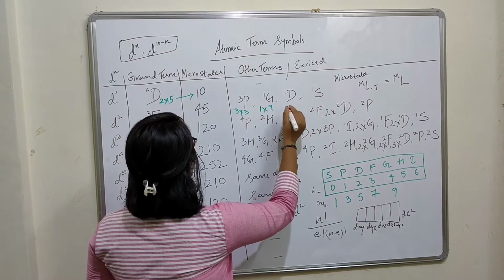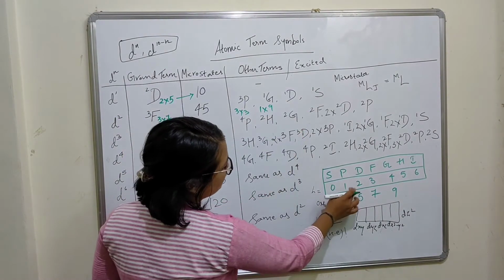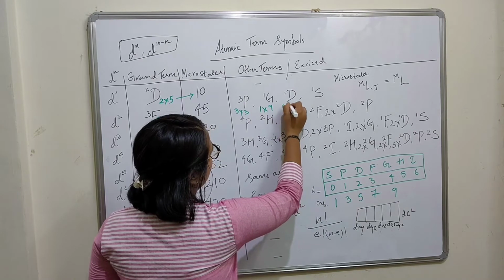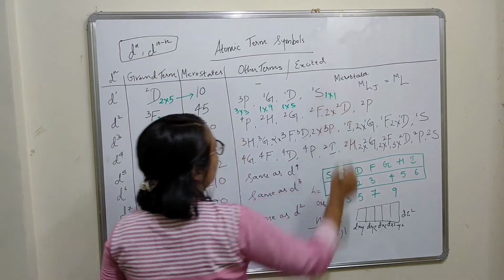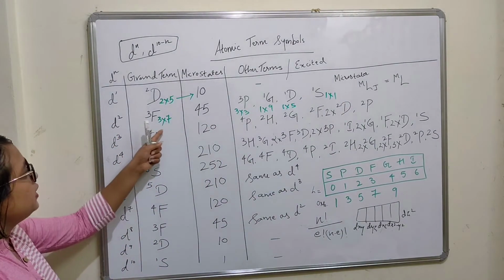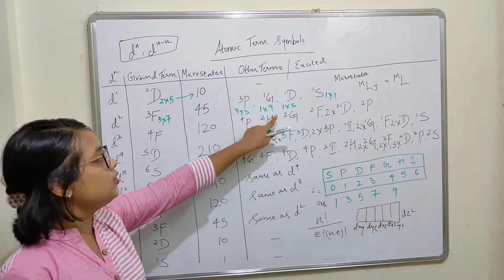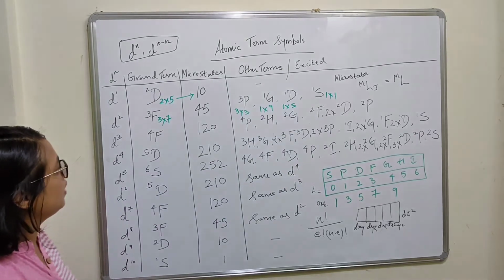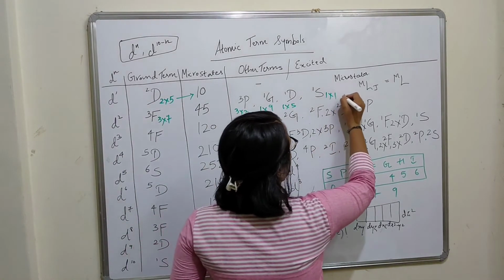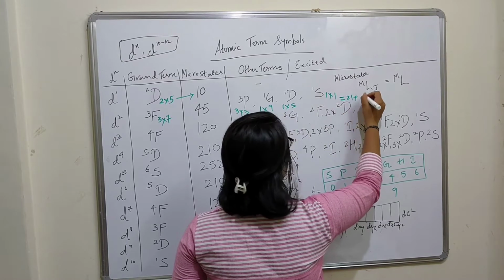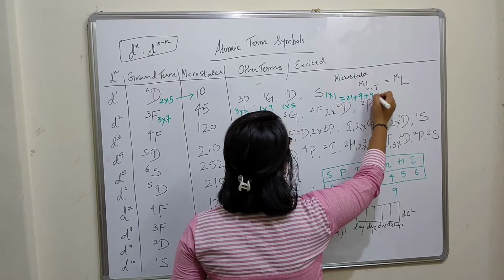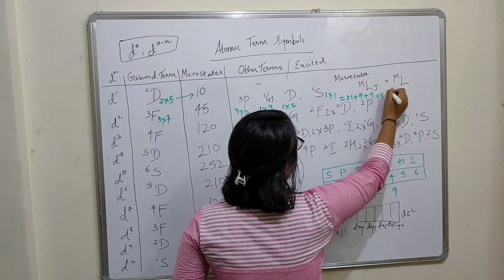Again, we have D over here, so D is going to be 5. So 1 into 5. And S is 1, so 1 into 1. Is that clear? 3 into 7, 3 into 3, 1 into 9, 1 into 5, 1 into 1. Let's total it out. So we have 3 into 7, 21, plus 9 plus 9 plus 5 plus 1.